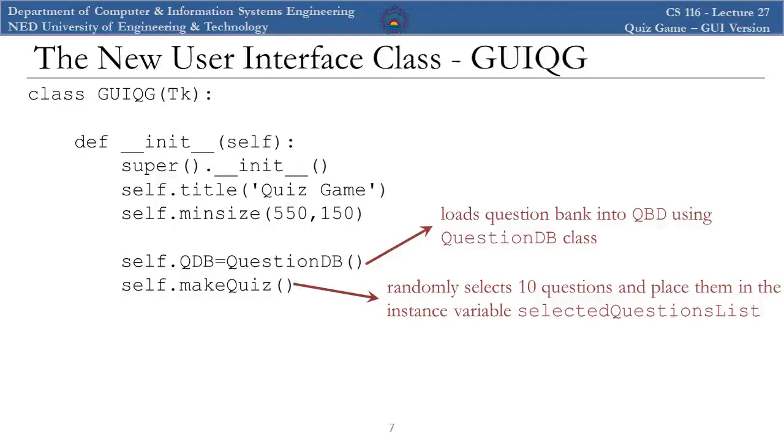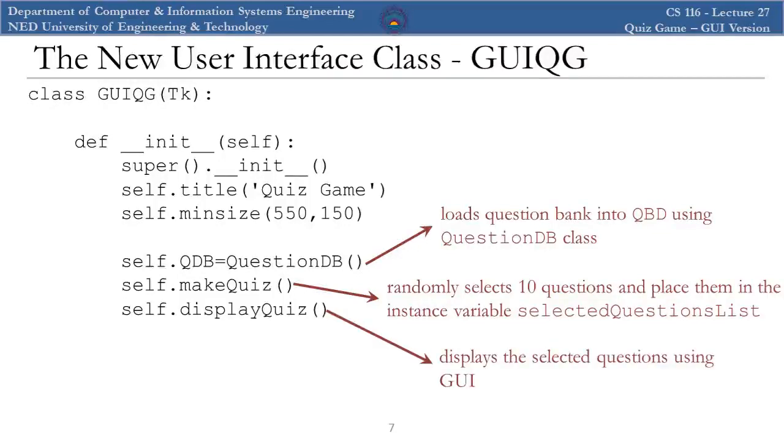It will randomly select 10 questions from that list, which is contained in the QDB instance variable, and it will save those selected 10 questions into a new list called selected questions list. Okay, now then I'll create this method. We'll code this method shortly, and this method will display that selected questions list in GUI form. Okay, and this is the essential event handler.